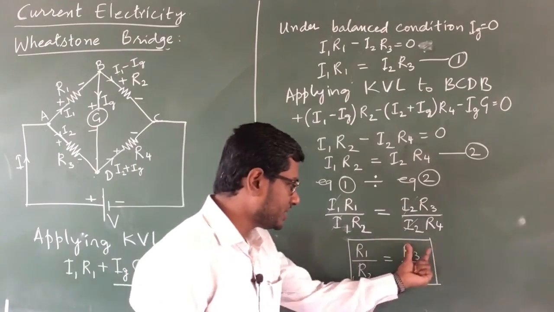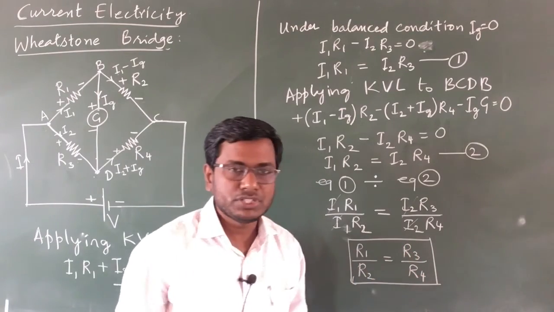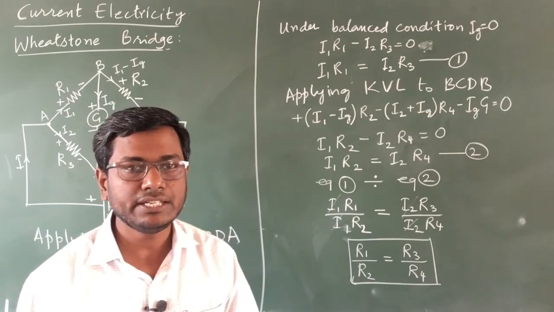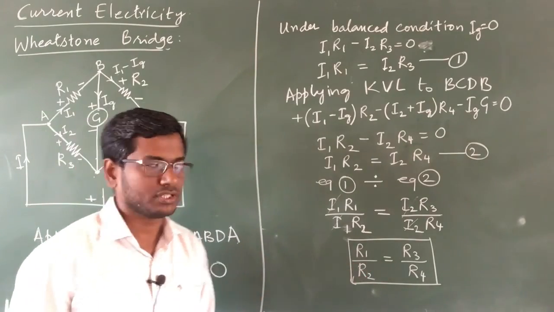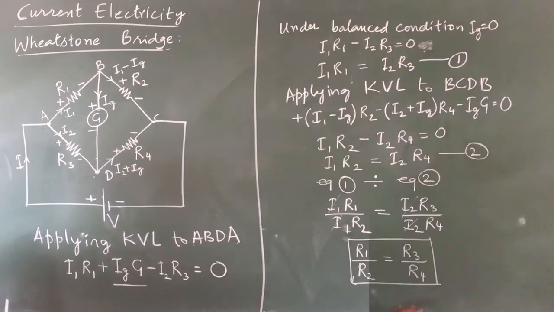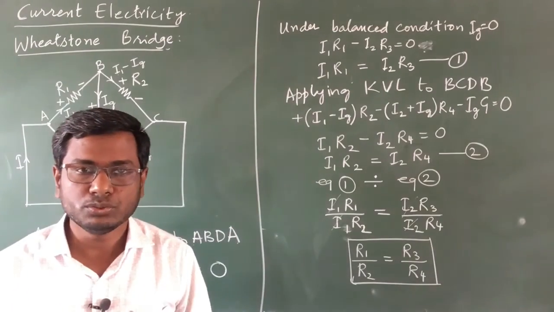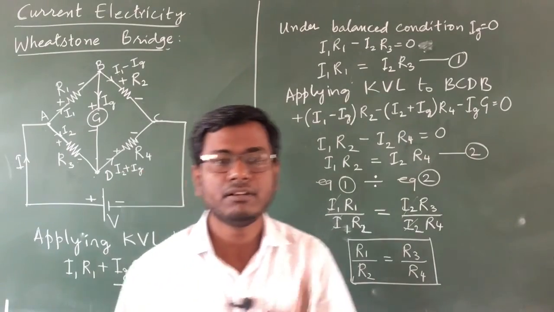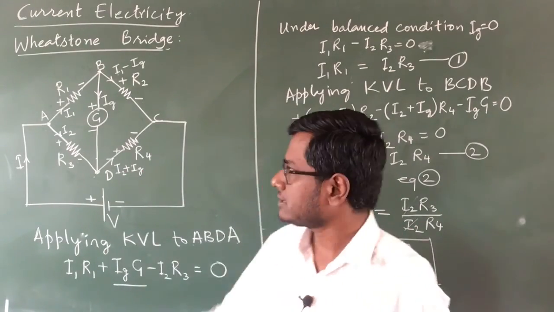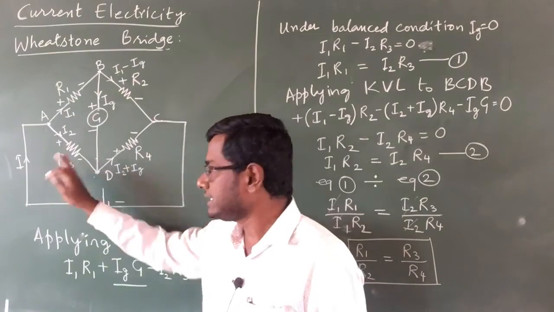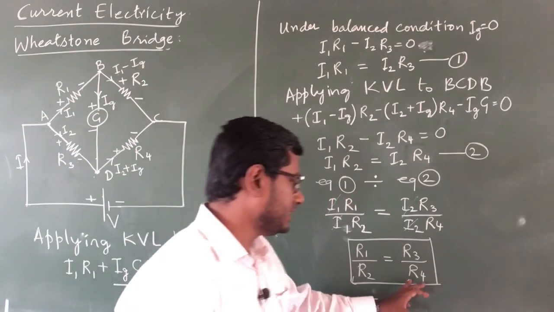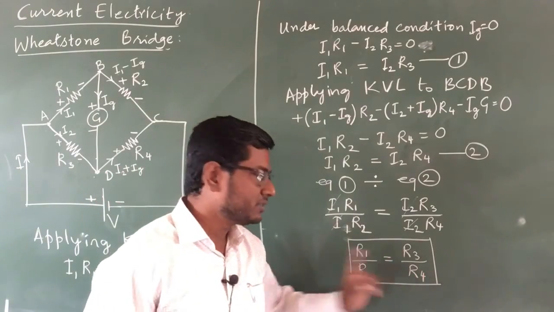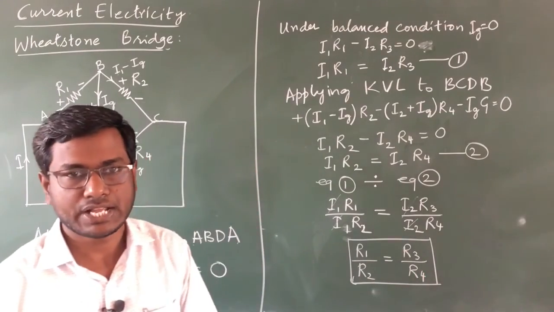If I interchange the position of these two, it will be just like doing a cross multiplication. So it is not going to make any change to the derivation or to the circuit. The same equation can also be used for finding the unknown resistance. If R1, R2 and R3 are given, I can easily find the value of R4. That is why we will not disturb the position of R4 as well.